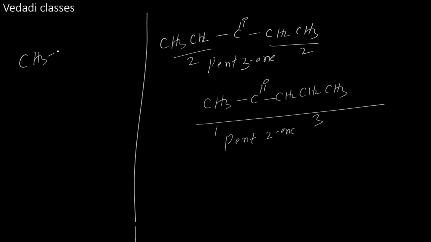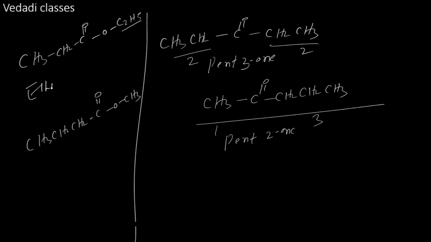Ester having CH3, CH2, C double bond O, C2H5, or we can write here CH3, CH2, CH2, C double bond O, CH3. Now 1, 2, 3, 4, 5. The name of this one is ethyl propanoate, and this one is methyl butanoate.